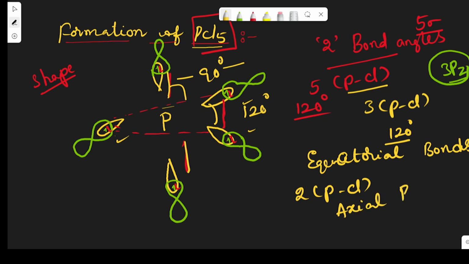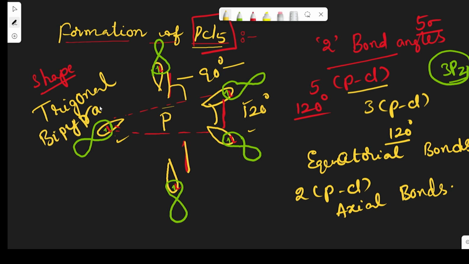Is it clear? Generally the structure is trigonal bipyramidal. But here 2 types of bond angles are there. The 3 phosphorus chlorine bonds making a 120 degree angle are called equatorial bonds, and the remaining 2, above and below the plane, are called axial bonds.